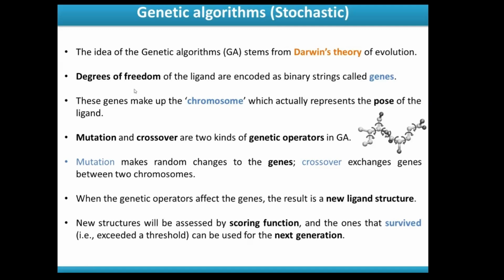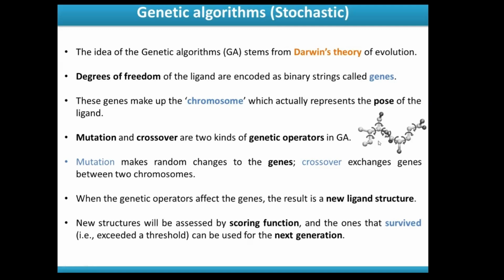Basically, degrees of freedom of the ligand are encoded as binary strings, which are genes, right? So what are genes? Genes are degrees of freedom. For example, in this example molecule, you can see some arrows which correspond to the bonds which can rotate.